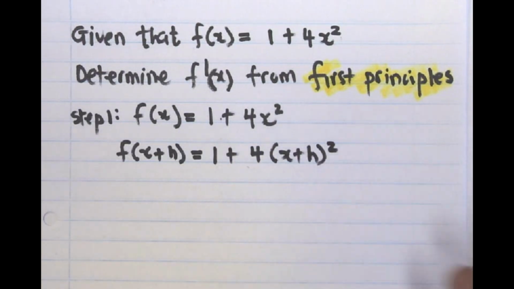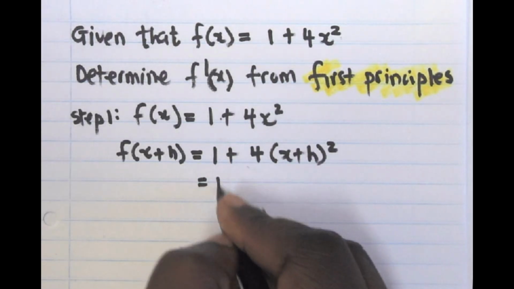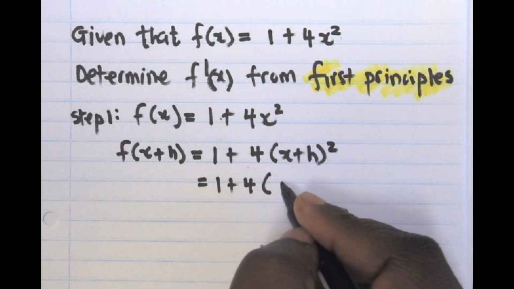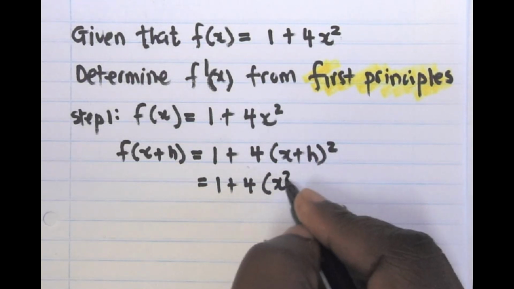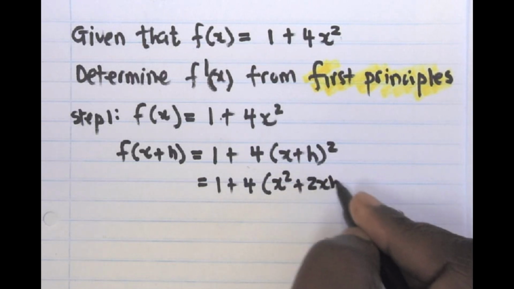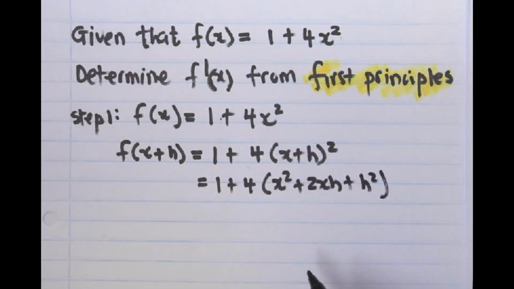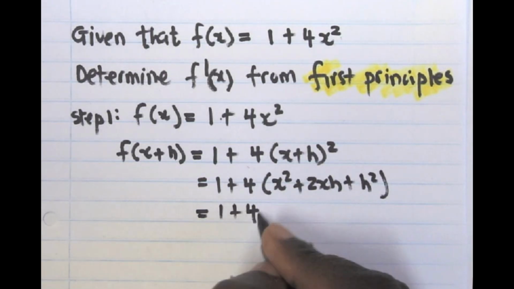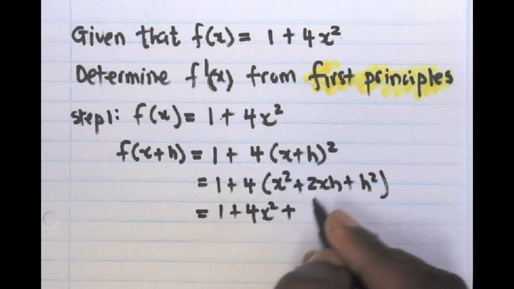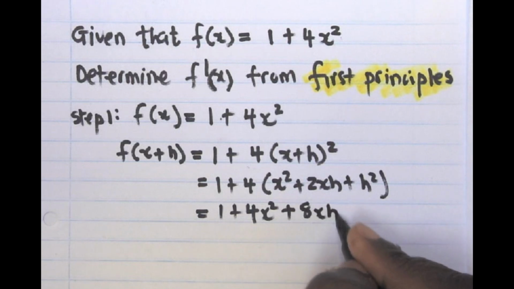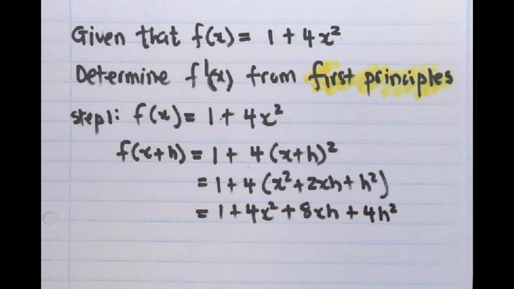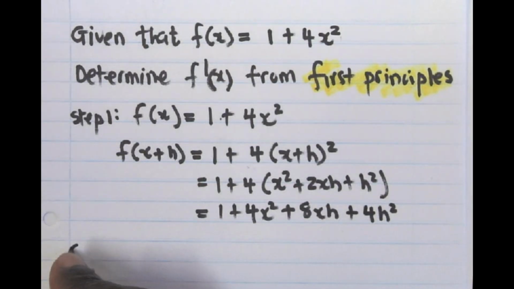When I simplify this, it's going to give me 1 plus 4, then I open bracket, these are two brackets and I can simplify them to give me x squared plus 2xh plus h squared. Then after that I continue, 1 plus 4x squared plus 8xh plus 4h squared.